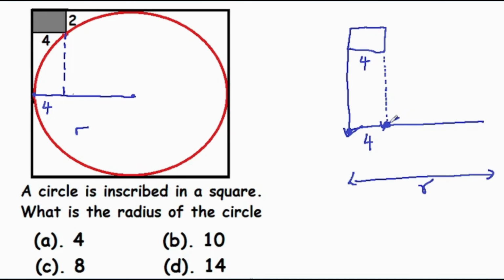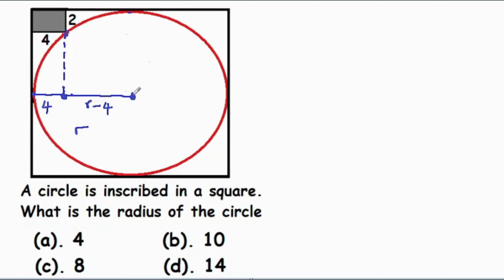So it means that from this place to this place is r negative 4. So I'm going to subtract 4 from r to get this region, from here to here.